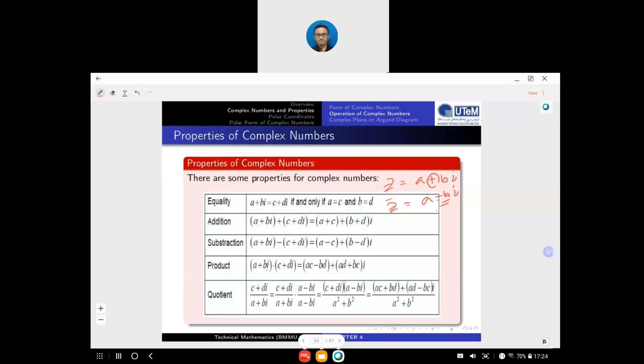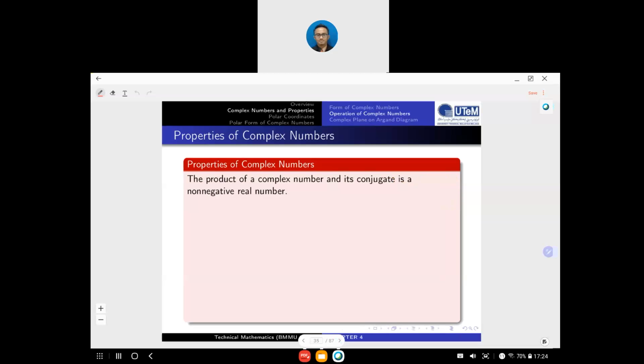Okay, in order to work with complex numbers, you need to remember the law of index. This is a revision. When you have a to the power of 0, you get 1. Any number to the power of 0 gives 1 except 0, which means 0 to the power of 0 is not equal to 1.